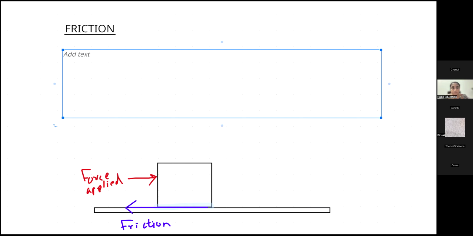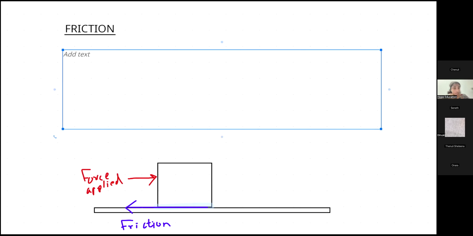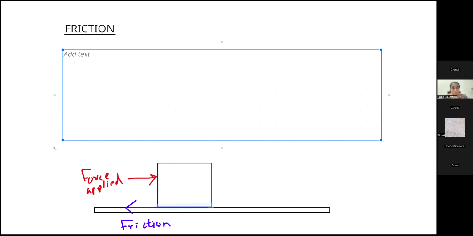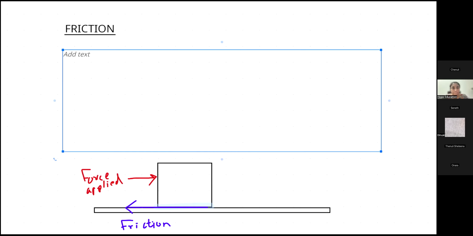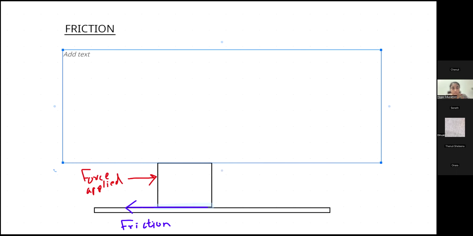This is also in the textbook. Don't worry about this sentence.